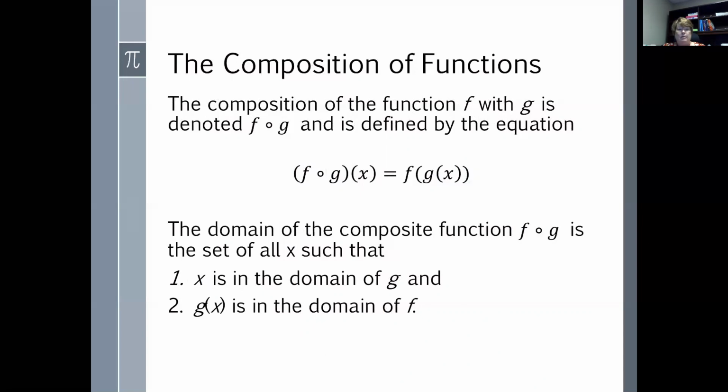And the second criteria is that g of x has to be in the domain of f, because g becomes the input of f. Since g of x is an input, all inputs must be in the domain of the function.